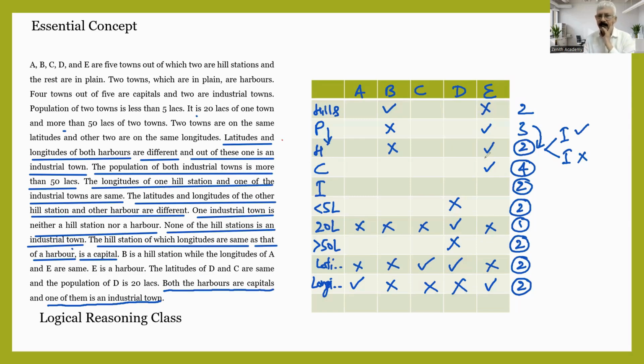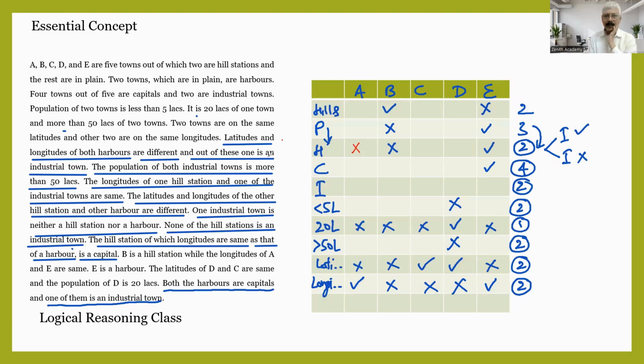We have decided that E is a harbor. And here, A and E both towns have the same longitude. So when E is a harbor, A cannot be a harbor.